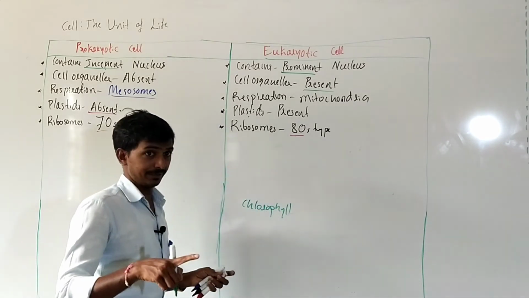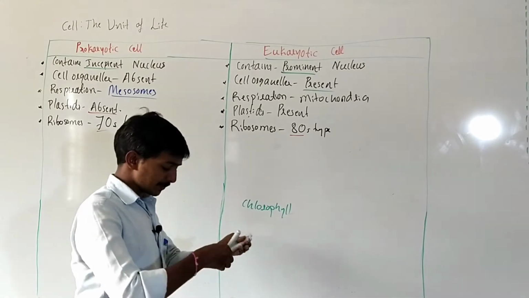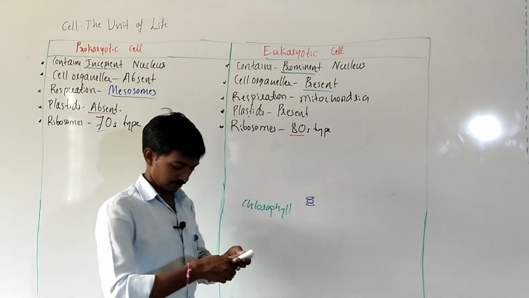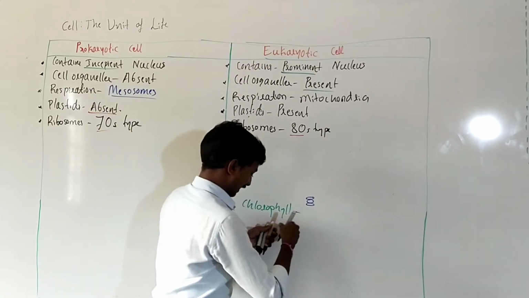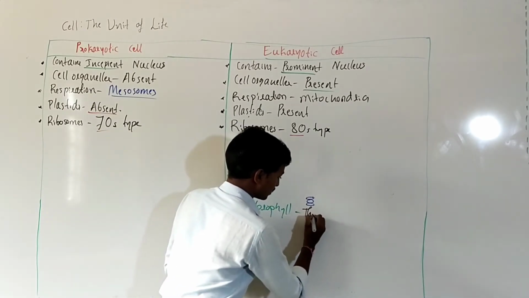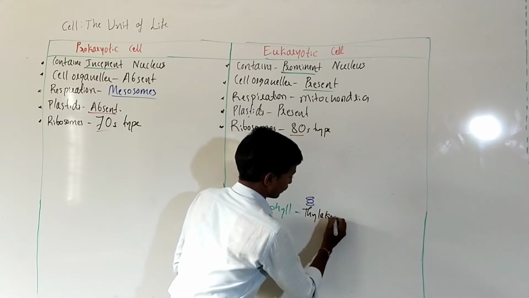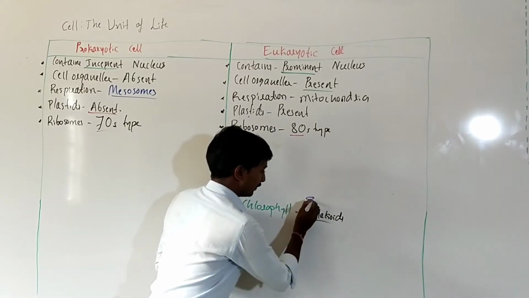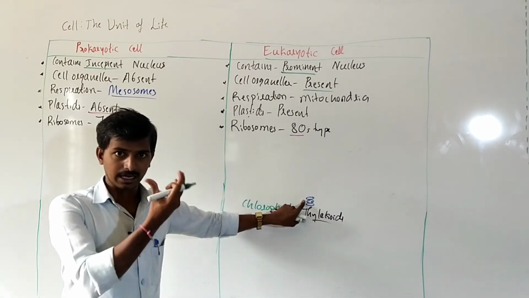Chlorophyll is a pigment. The pigment is present inside small sac-like structures known as thylakoids. They contain the green colored pigment that helps in photosynthesis, trapping the light.